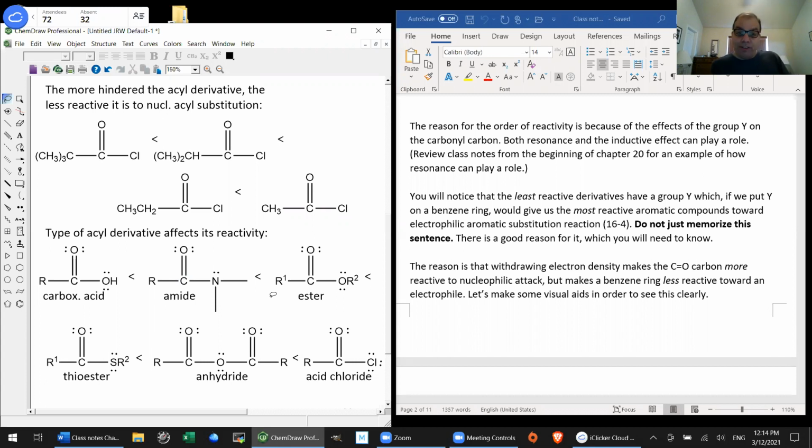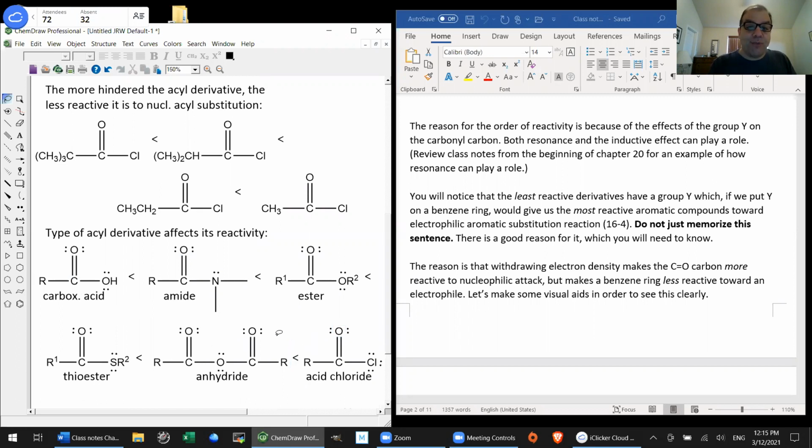One thing that I think you will notice if you keep your eyes open and are fair-minded about it is, again, roughly speaking, this is not an exact type of thing, but if you look at the different groups that are attached to the carbonyl carbon, the ones we called Y up here, and look at the order that they go in, you'll see that more or less, the order of reactivity of the acyl derivative towards nucleophilic acyl substitution is roughly the opposite of the order of reactivity towards electrophilic aromatic substitution when you put those same groups on a benzene ring.